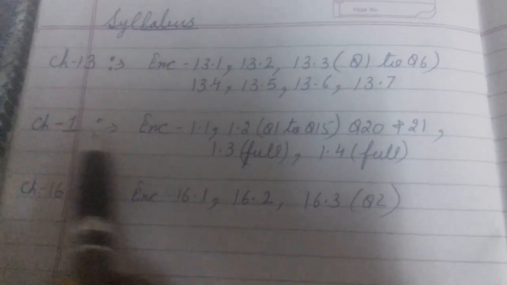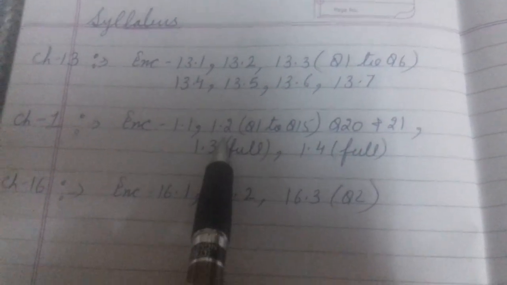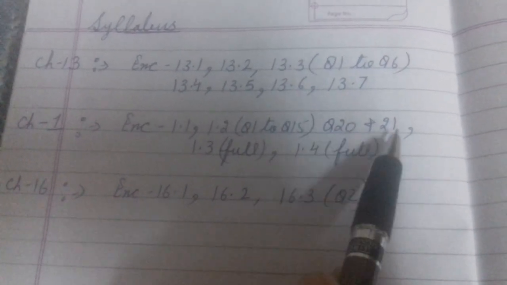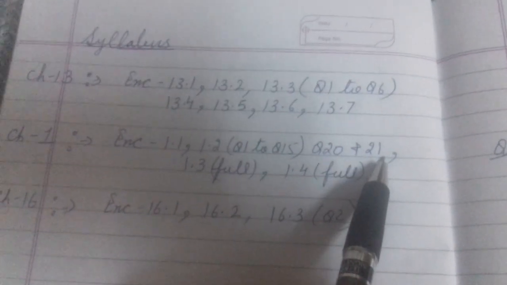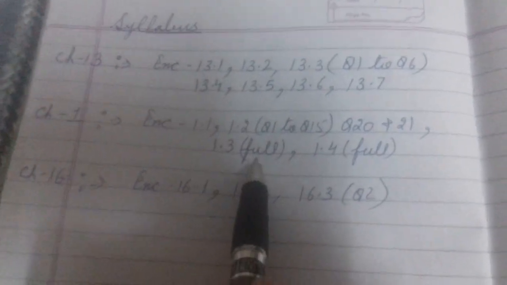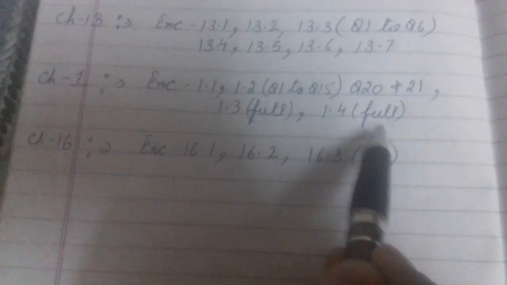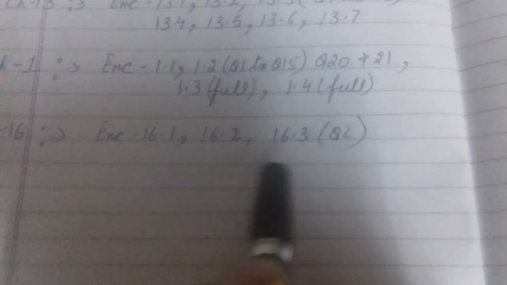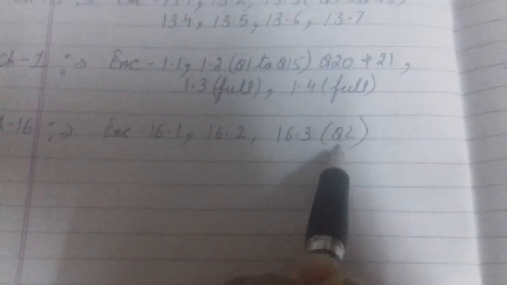Then chapter number 1, exercise 1.1, 1.2, question number 1 to 15 and question number 20 and 21 of exercise 1.2. 1.3 full, 1.4 full. Chapter 16, exercise 16.1, 16.2 and 16.3 only second question.